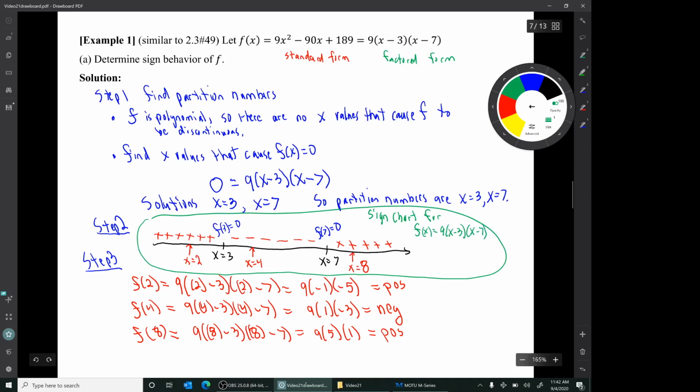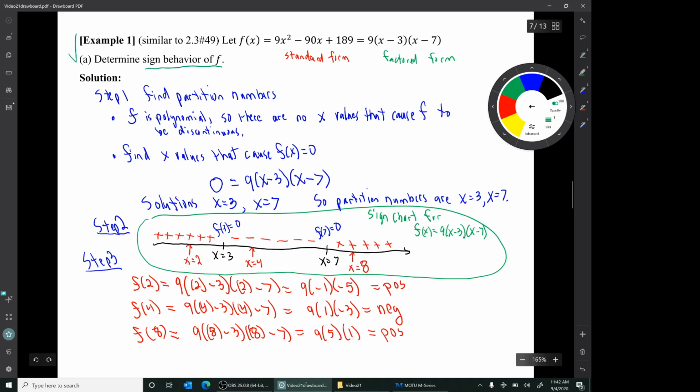Later in the course, we're going to have situations where we have sign charts for a bunch of different functions involved in a particular problem. So it's going to be very important that if you have a diagram, you title it. You tell the reader and you remind yourself what this diagram is for. All right, so there's the sign behavior of f.